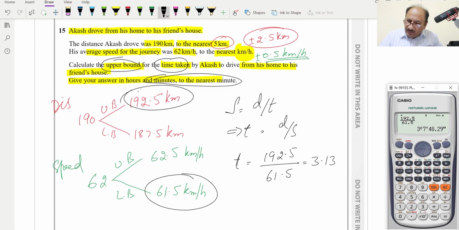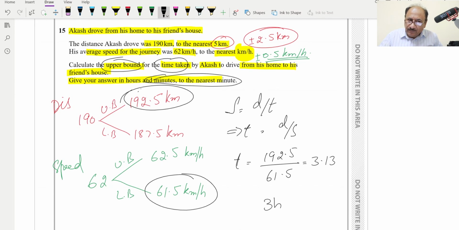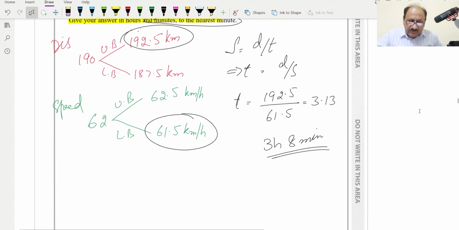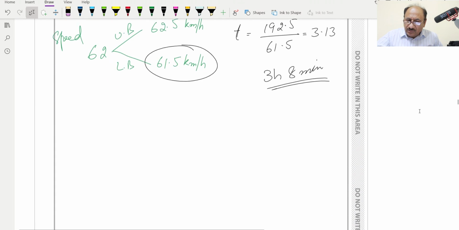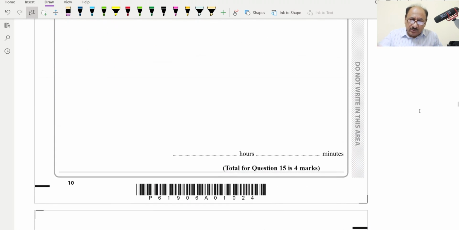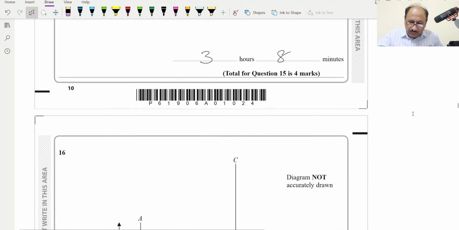So to the nearest minute we will write 3 hours and 8 minutes as the answer. Hopefully you understood this, we got this answer just by clicking on the time button. So it will be 3 hours and 8 minutes.